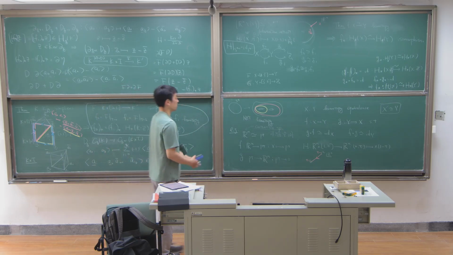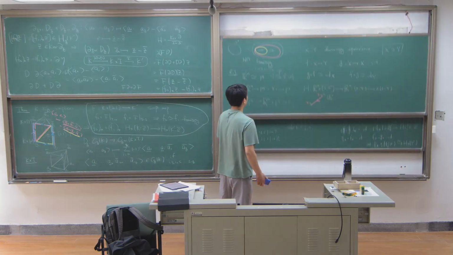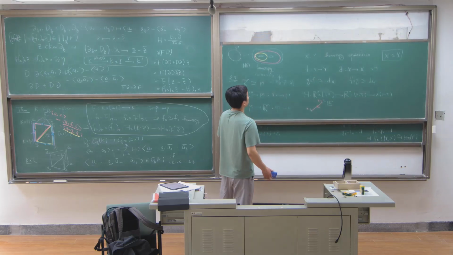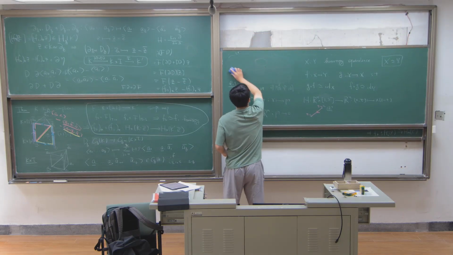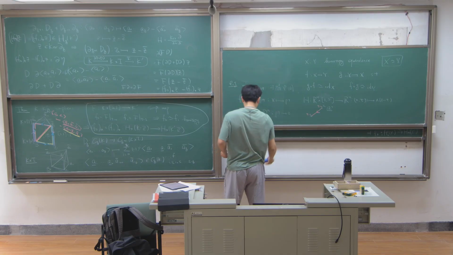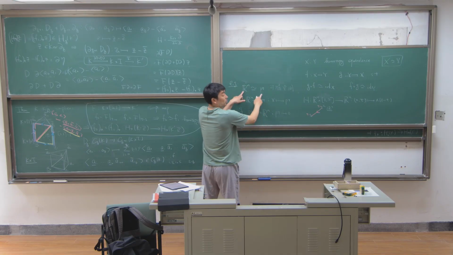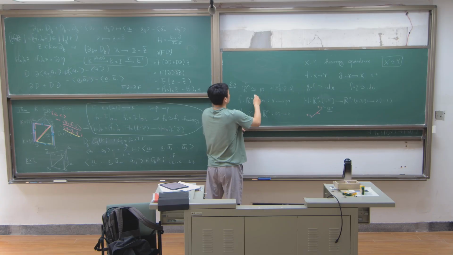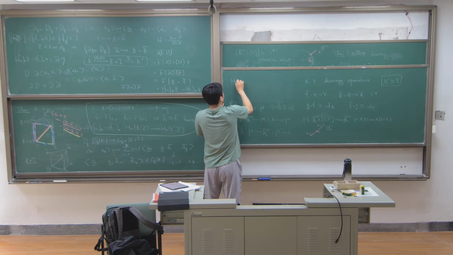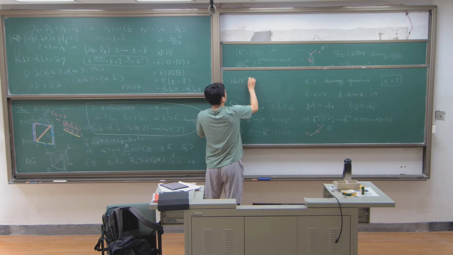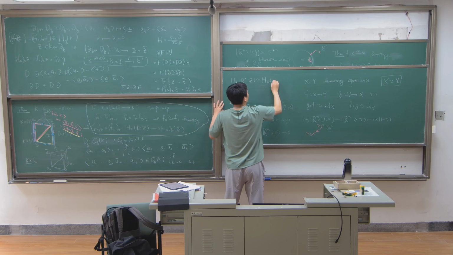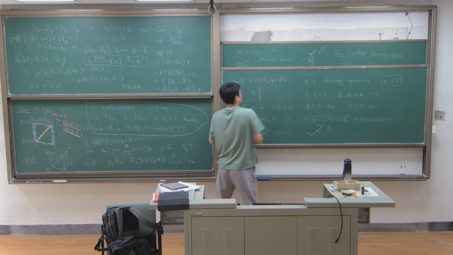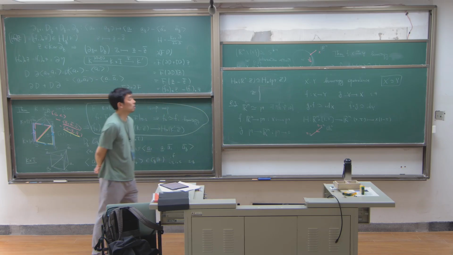What does it mean? A direct consequence of this is, for instance, this one. Rn and a point are homotopy equivalent. So this means that H star of Rn is isomorphic to H star of a point.